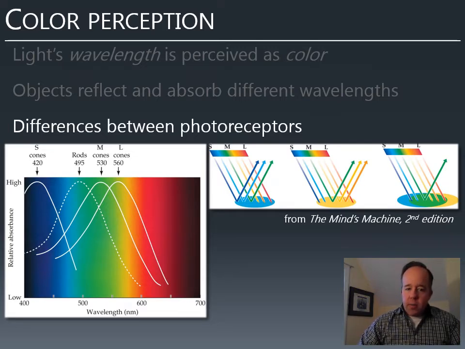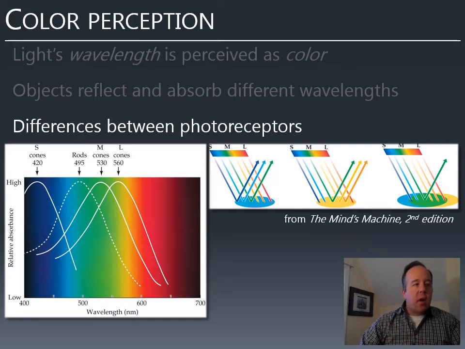So that's a property of the object and the illumination of the object. But different photoreceptors will respond to different wavelengths of light. Some we call S cones, so there you have 3 kinds of cones. The S cones, S is for short wavelength, respond really well to bluish light and don't respond as well to yellow light, for example. Whereas M cones respond to medium wavelengths. They respond very strongly to green light, but not so much to blue or red light.